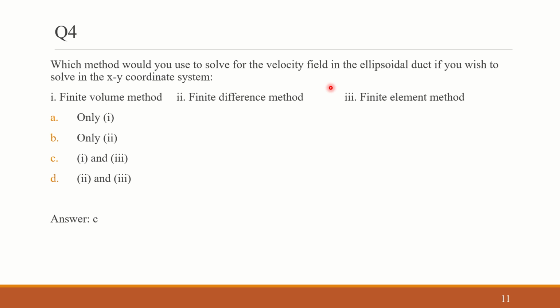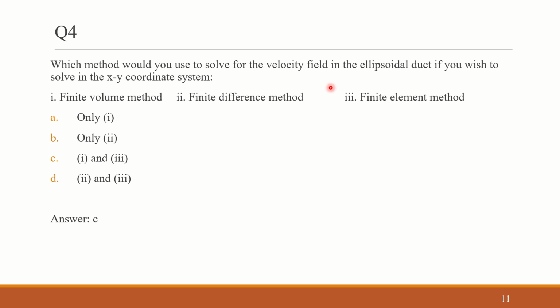Here it is difficult to go for the finite difference approach when we need to solve in the xy coordinate system, since it is an ellipsoidal duct and we cannot put it in the xy coordinate system. In finite difference we mostly use x plus delta x, y plus delta y, and those type of definitions we cannot give for an ellipse, right?